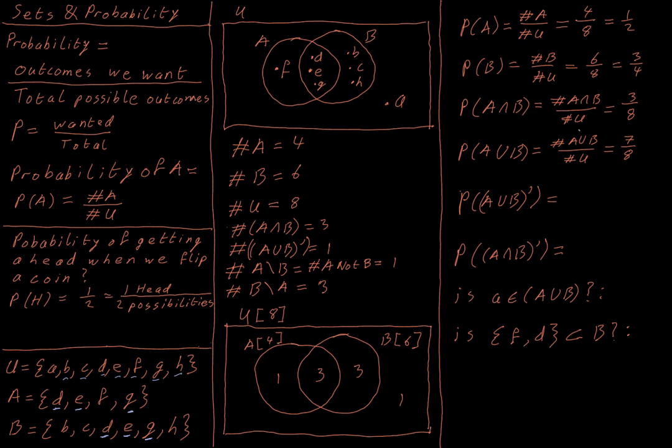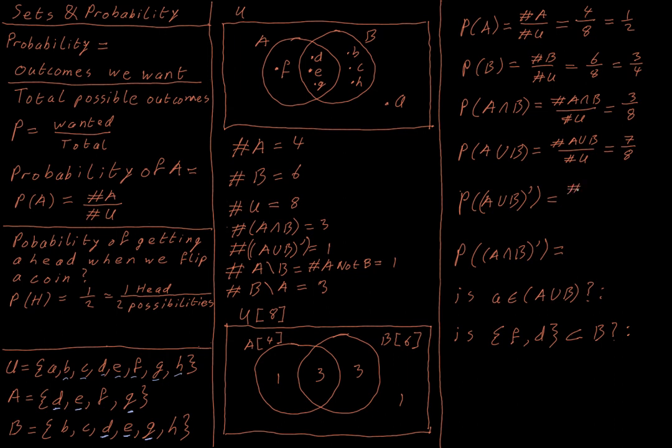Now I'm going to stop writing this for the last two because they'll get a little bit messy to write neatly in here, but you can always write down what it is you're doing. So we have probability of A union B complement. Let's just write it down.